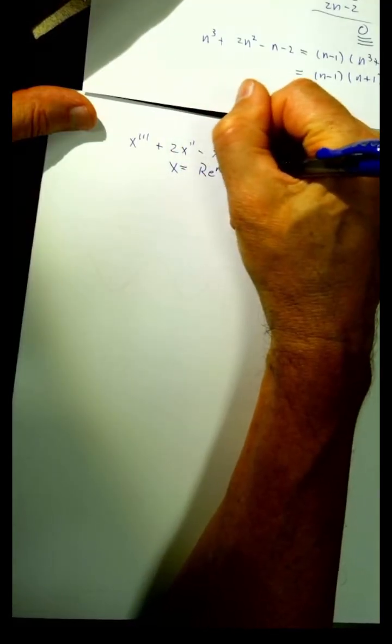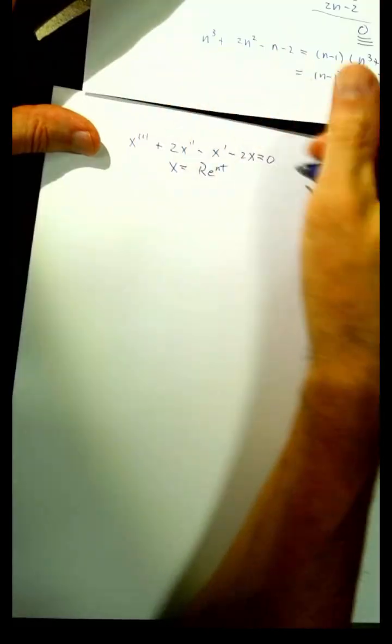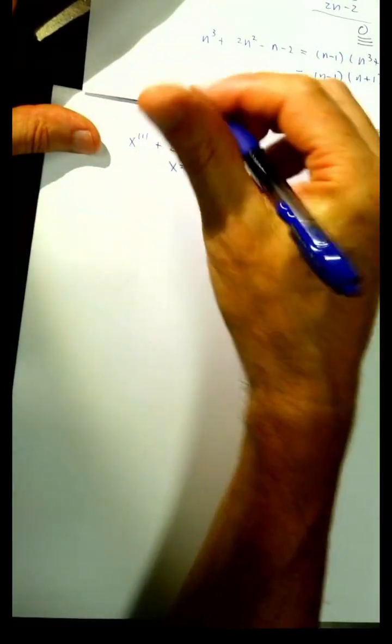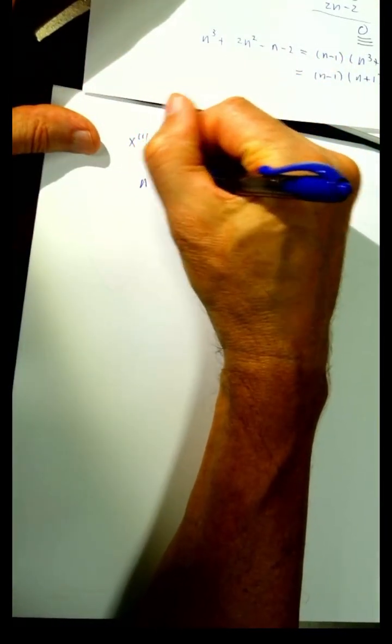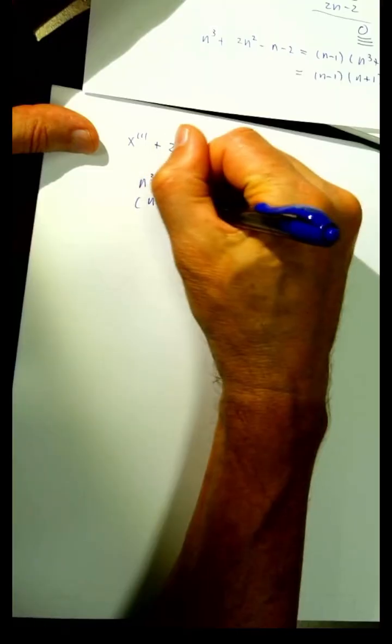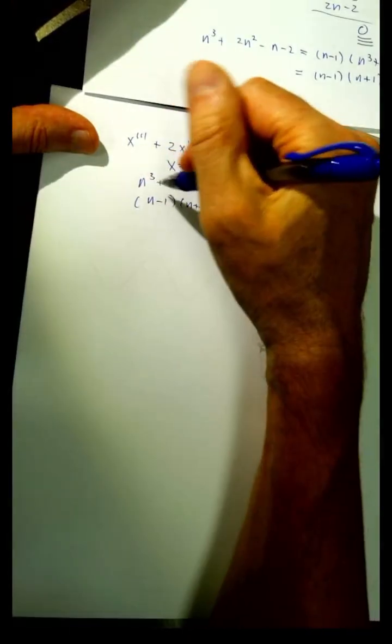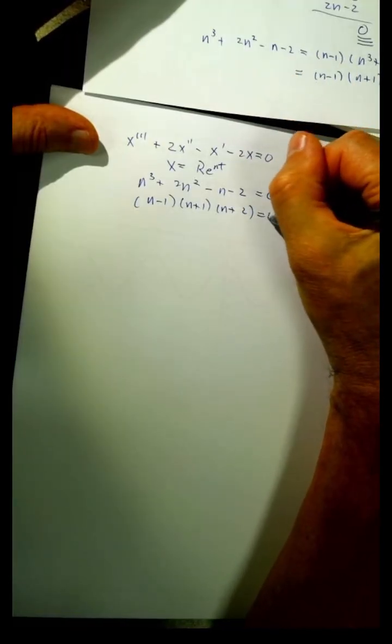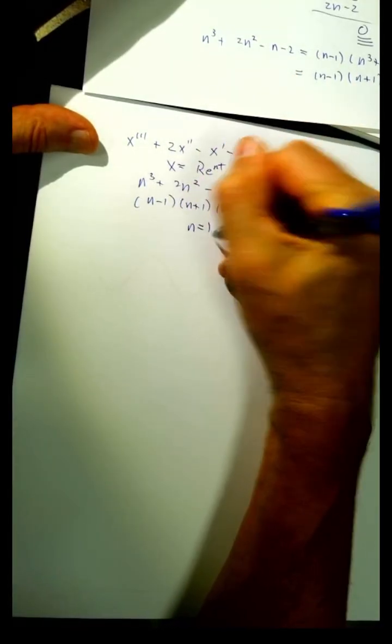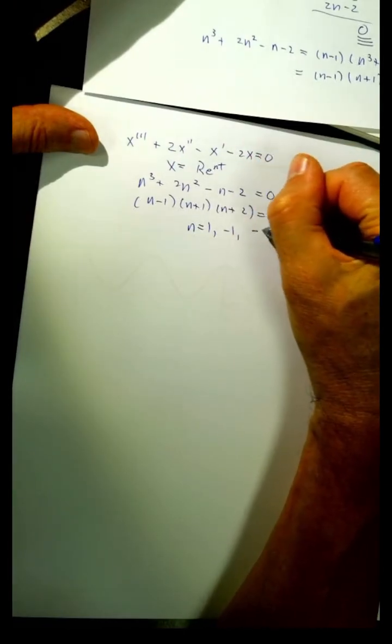I assumed a general form, and from my differential equation I got a polynomial, n cubed plus 2n squared minus n minus 2 is 0. I was able to factor it to n minus 1 times the quantity n plus 1 times the quantity n plus 2 is 0. So that means n could be 1, minus 1, or minus 2.